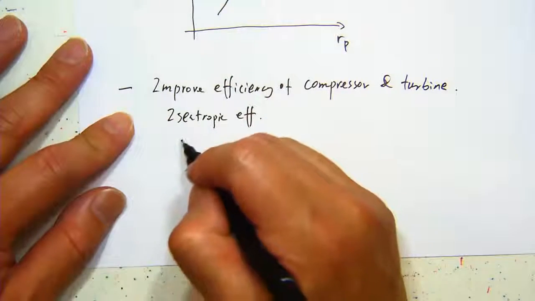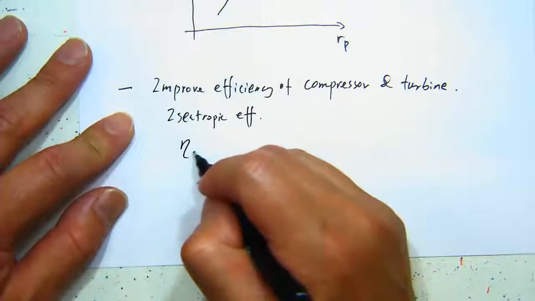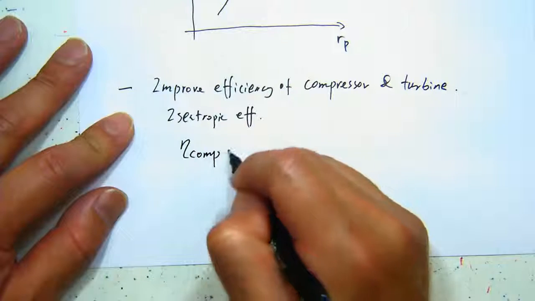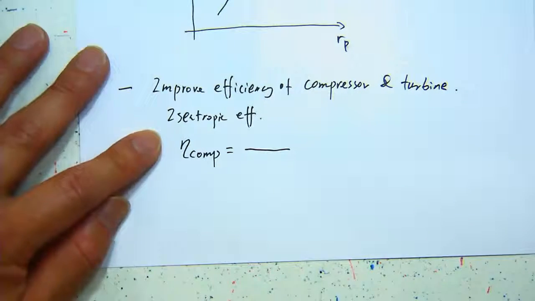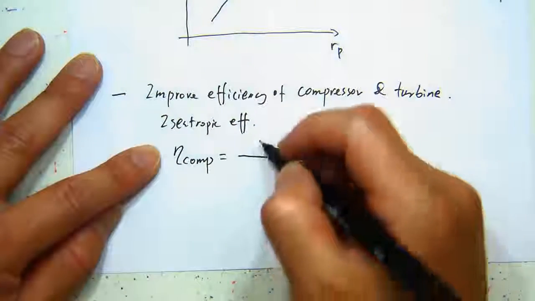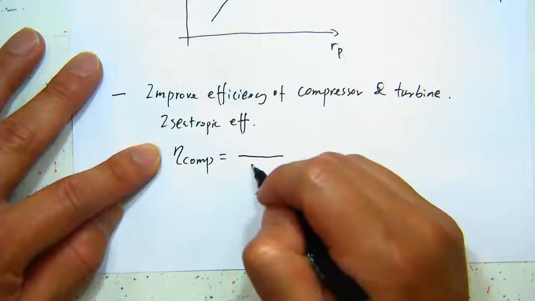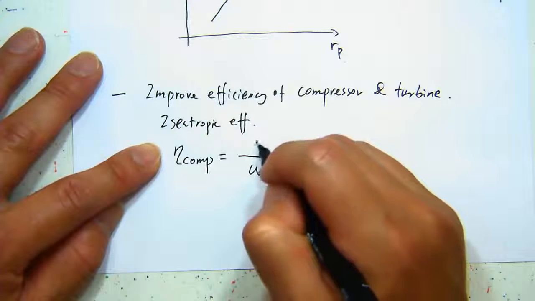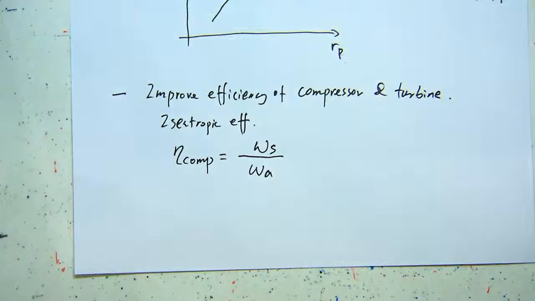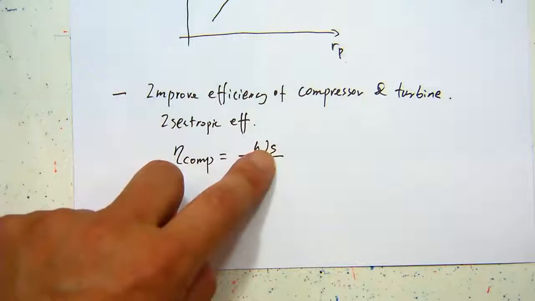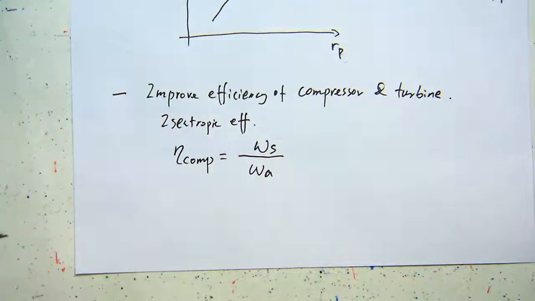So in terms of the compressor, the isentropic efficiency is defined as the work for the isentropic process versus the actual case, where S stands for isentropic and A stands for actual.